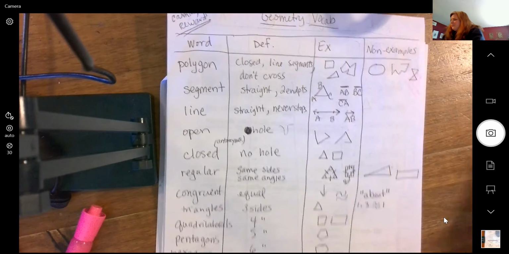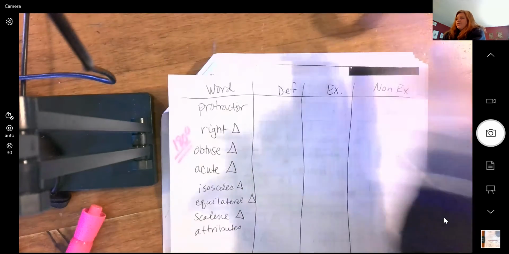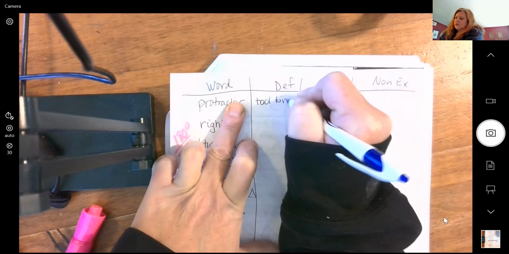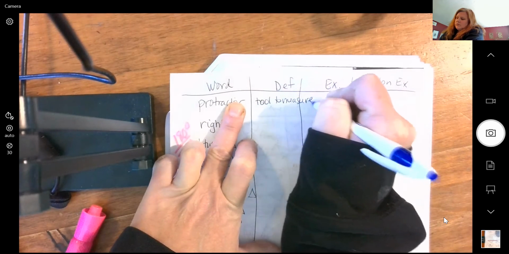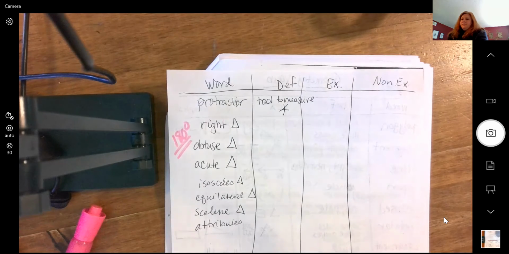All right, we're going to add our new words for today. We have a protractor, which is a tool to measure angles. And I'm going to use my symbols as much as I can.